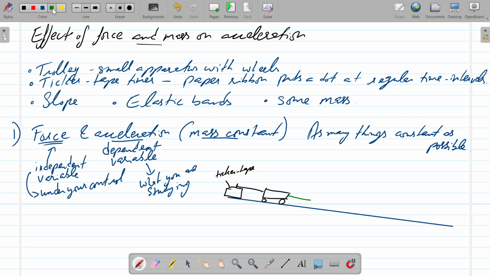And what you're going to do is, after you set it up, you will pull on the elastic string and make the trolley go down, and you will practice so that the force that you're applying is the same.